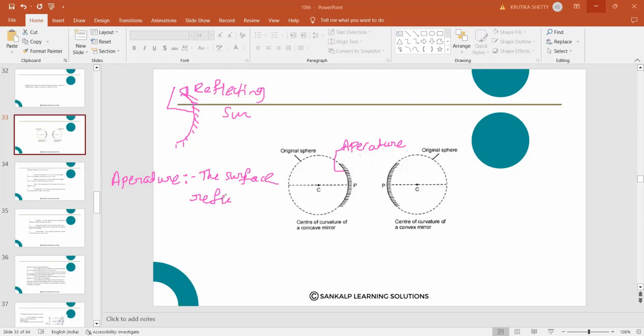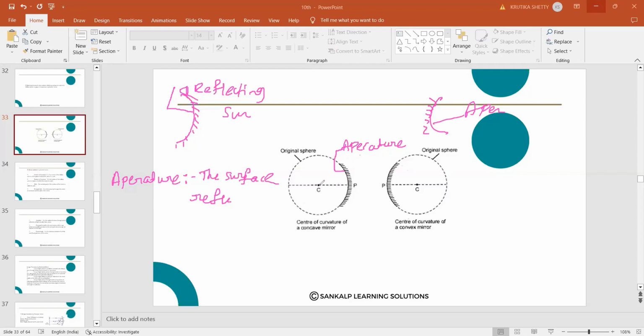In short, the reflecting surface is called aperture, and the front face of the mirror is called aperture. So concave comes like this. What happens in convex? If you consider this is a convex mirror, this is my shaded area. This is called aperture. The part of the mirror where reflection phenomena take place is called aperture.